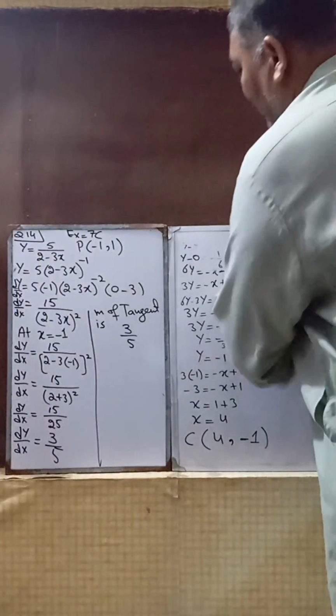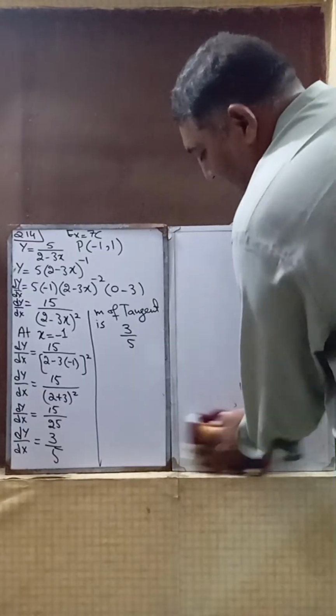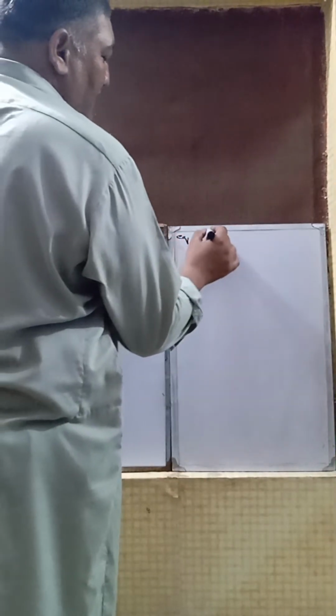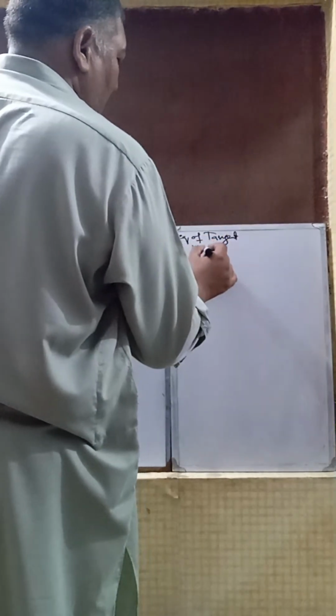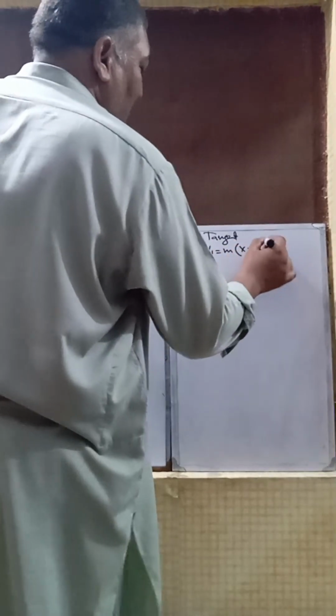The formula of the equation is y minus y1 equals m bracket x minus x1. So the equation of the tangent will be y minus y1 equals m bracket x minus x1.